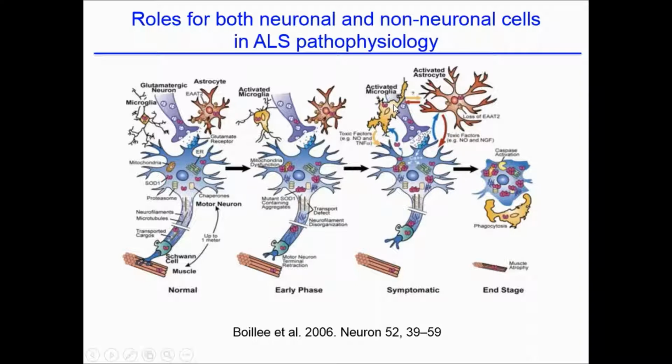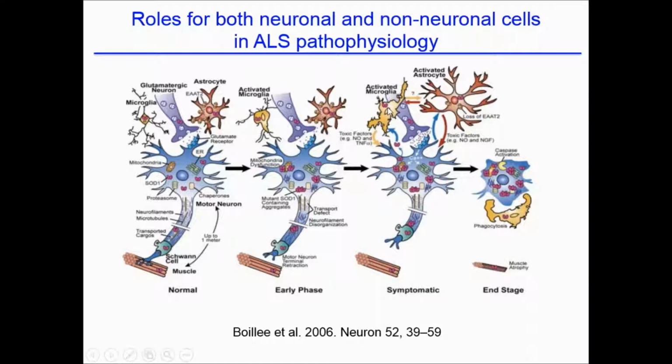So what we are trying to do here at the MNI is to learn how to study this important communication and crosstalk between all of these different players using human patient-derived cells, particularly, and this is what we're going to talk about today, motor neurons, astrocytes, and microglia.